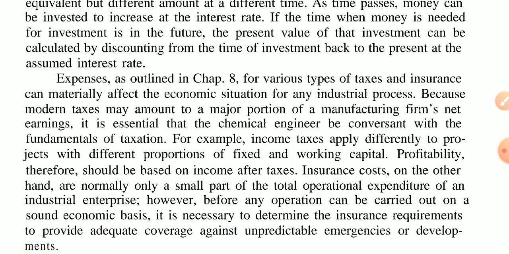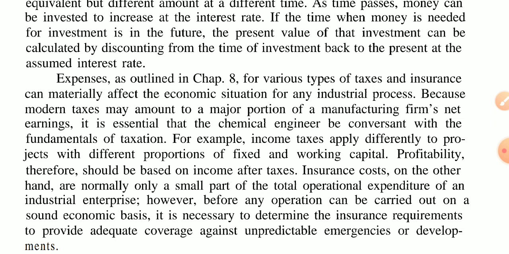Expenses outlined in Unit 8 for various types of taxes and insurance can materially affect the economic situation for many industrial processes, because modern taxes account for a major portion of a manufacturing firm's expenses.